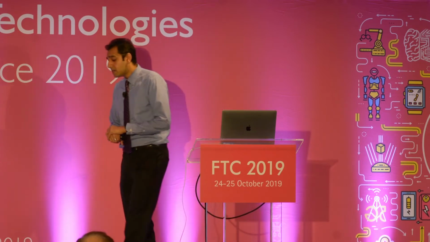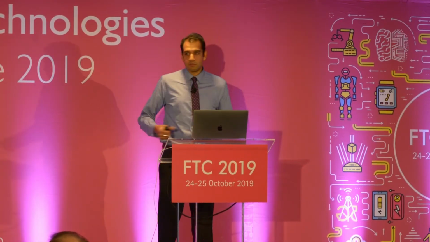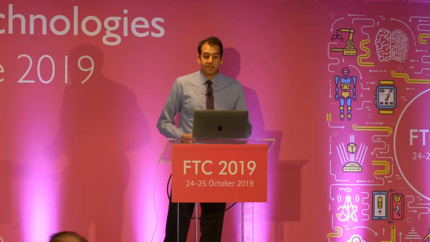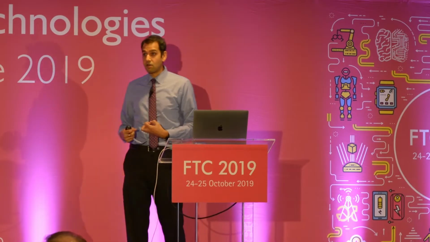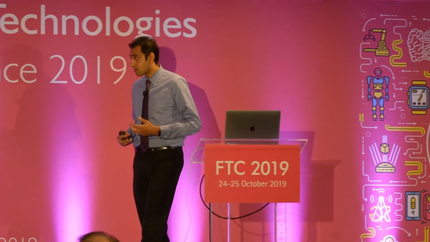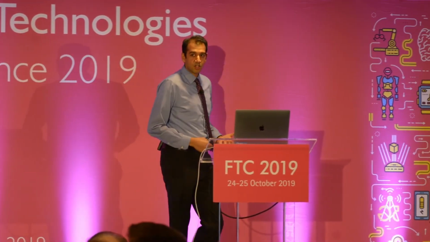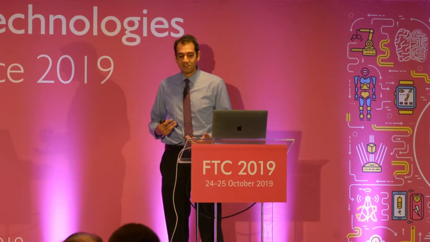And if you look at the standard sort of design of experiments model, a machine learning system is no different from any other system. You have a bunch of factors that you control, and these include things like what algorithms, what optimizers, what hyperparameters, and many other things that are under your control. And there are a lot of uncontrolled factors, and this could be bias in data, could be an earthquake that's happening where you're running the experiment, so stuff that's not under your control.